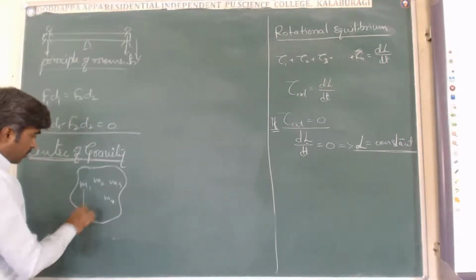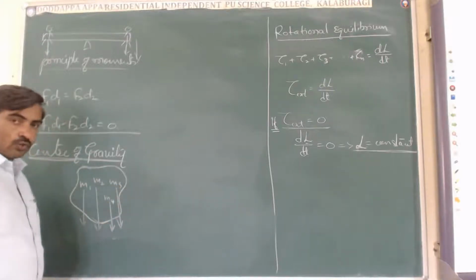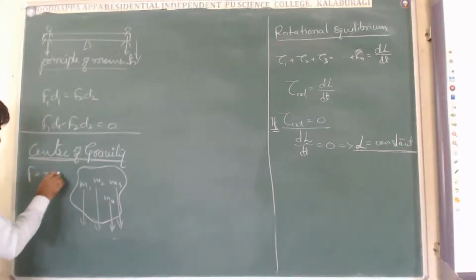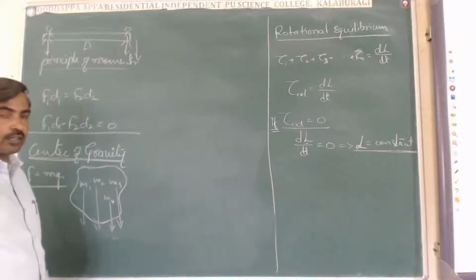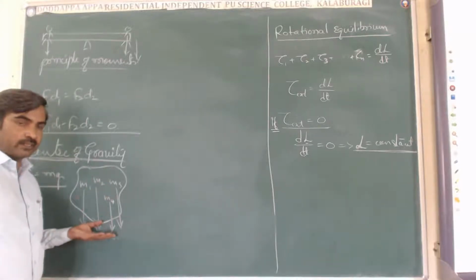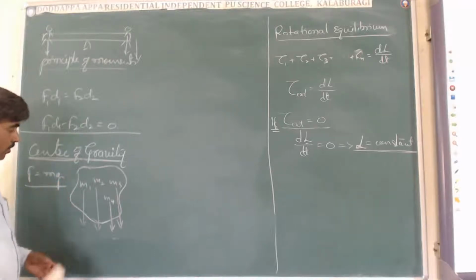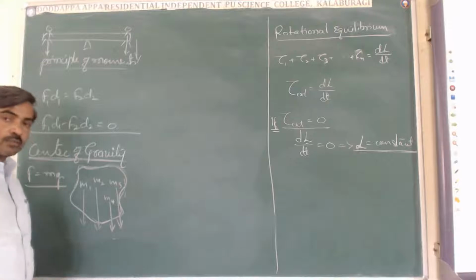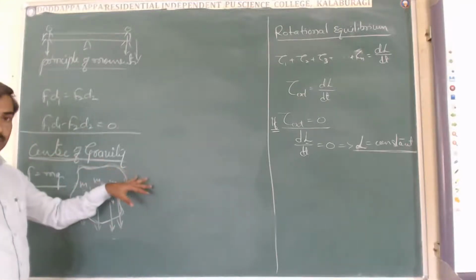Every particle shows its force in the downward direction. It is due to the equation F equals m into g, that is, force equals mass into acceleration, which is the weight of the body itself. So every particle which the entire system is made up of acts towards gravity, irrespective of the shape.